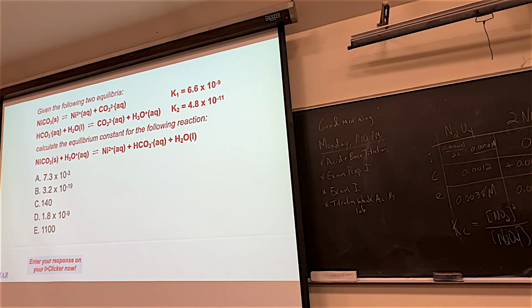So you want to combine these two equations around and end up with this stuff right here. And you can probably see, for example, carbonate is a product in both of these reactions, and there's no carbonate here. So somehow, some way, you're going to flip one of the reactions around and get rid of that carbonate because we don't want any carbonate here. So see if you can figure this out. We'll talk about it here in a little bit.